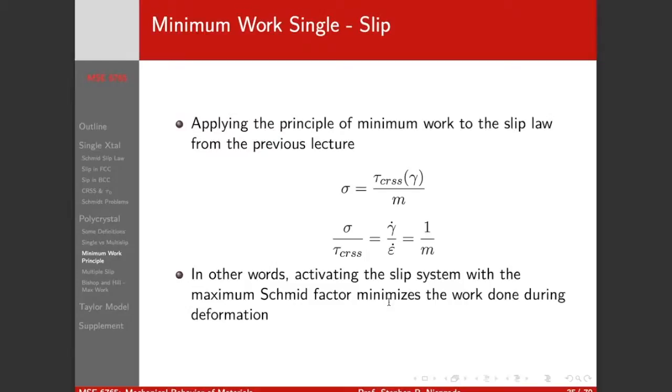So for a given amount of deformation, I have to apply less force. Work is force times distance. I have to apply less force to get that to happen. So the principle of minimum work applied to single slip just says you're activating the slip system with the highest Schmid factor.